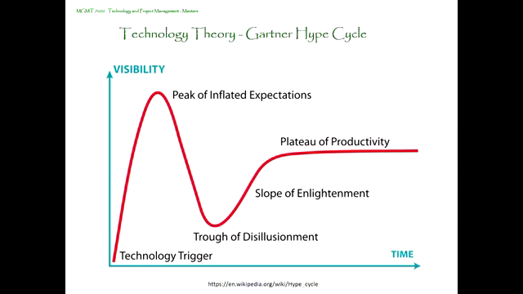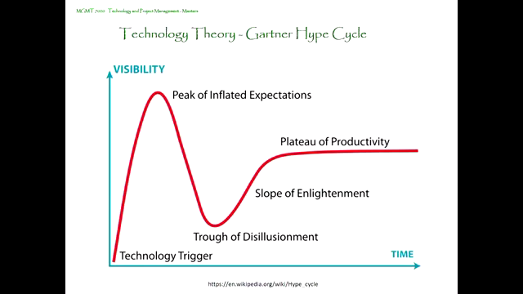What Gartner said was, or what they thought was, there's a technology trigger, and then people say, this is going to be great. And so there's this great hype about a particular technology, and lots of people go and buy it and start using it. And then they realise, actually, it isn't that good. It's got bugs in it, and I thought it was going to do this, but it doesn't do this.